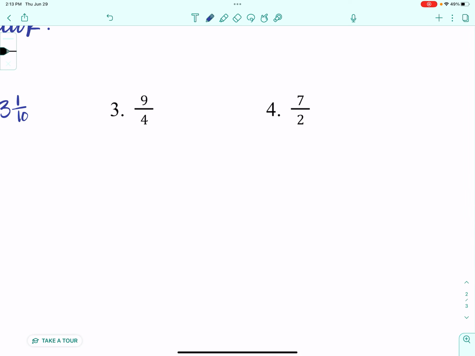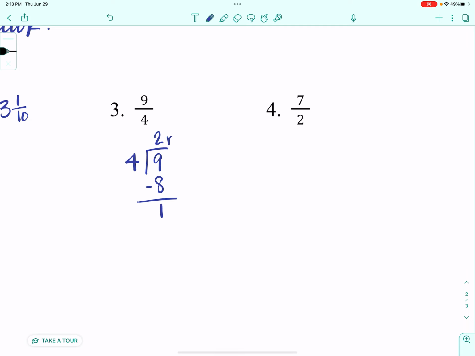Two more. This would look like 9 divided by 4. Well, I know that 2 times 4 is 8. You remember, I want to get as close as I can to the number on the inside without going over. 9 minus 8 is 1.